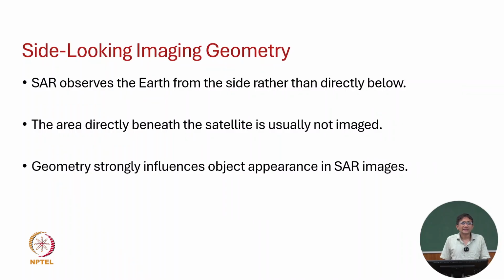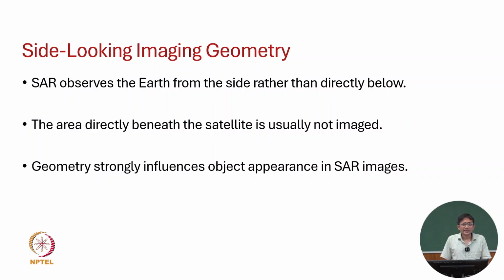The side-looking geometry of SAR also contributes to complexity. Indeed, we'll see there are research works which try to account for the side-looking geometry of the SAR, the looking angle of the SAR sensor.